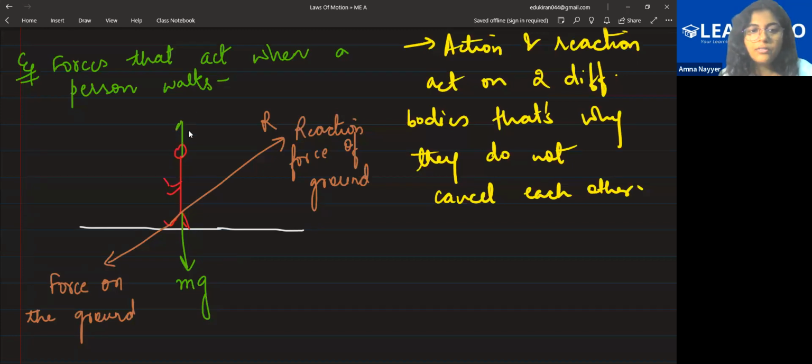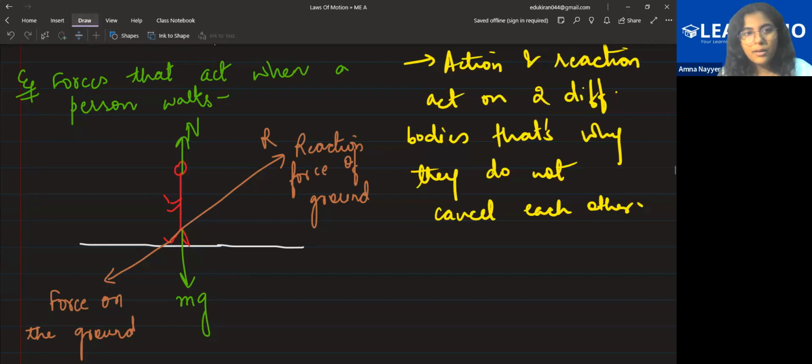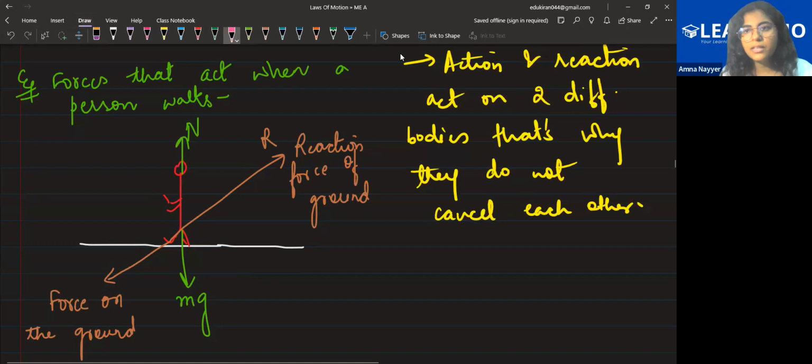And above, a normal reaction will also be there, because there's a contact being made, and contact forces always lead to an upward normal reaction. Now, if we say there is this angle, this angle is theta.